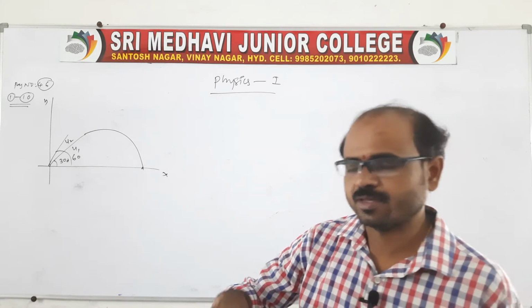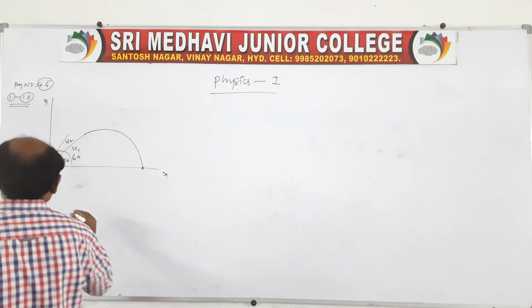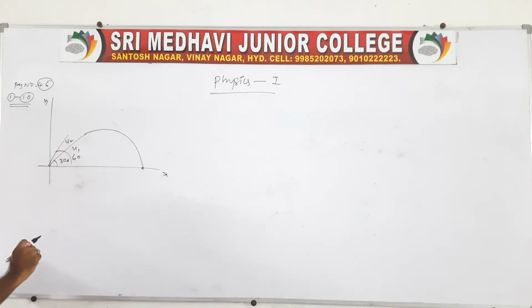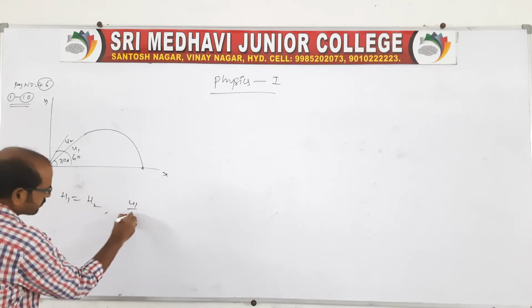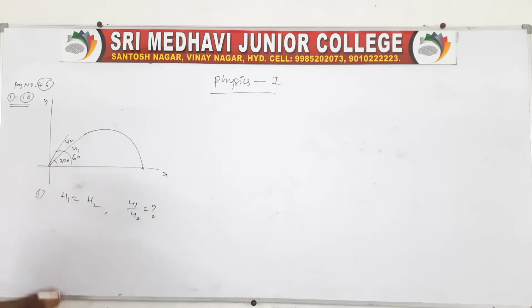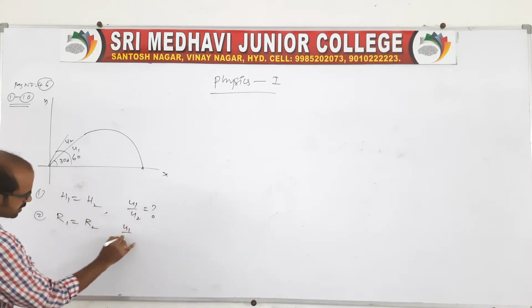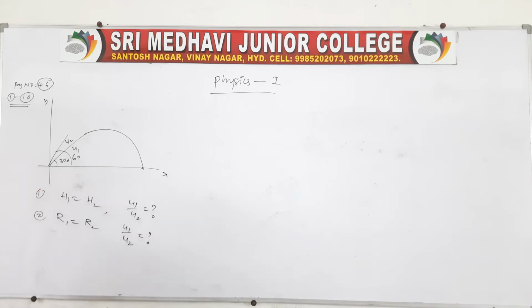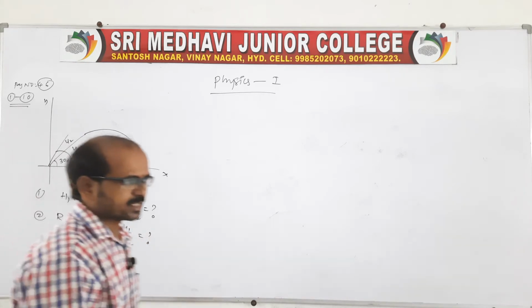The first condition: if the maximum heights are the same, what will be the ratio of velocities? Second, if the ranges are the same, what will be the ratio? So it is very simple.